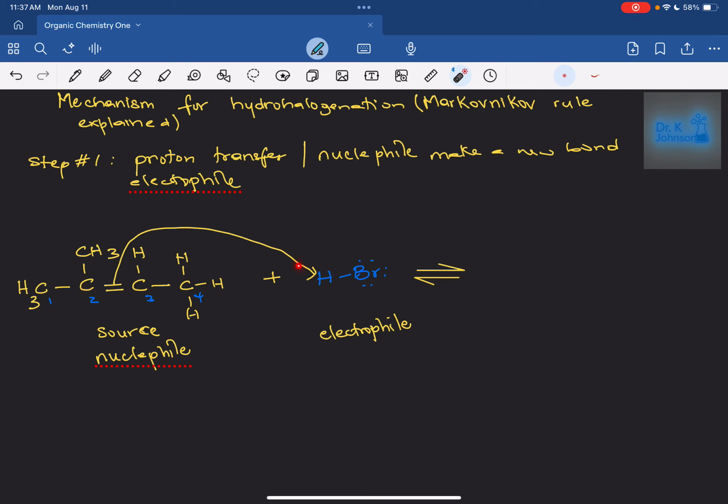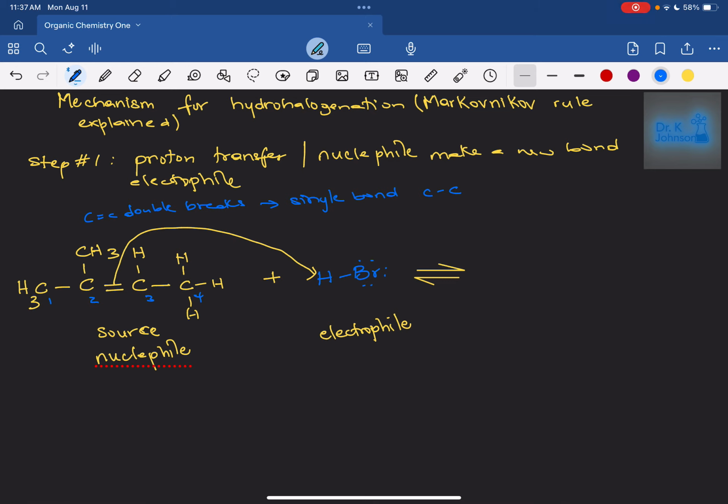So this arrow, our first arrow here, is indicating the double bond breaks to make a single bond. So your carbon-carbon double bond breaks to make a carbon-carbon single bond. That's what that arrow is indicating.